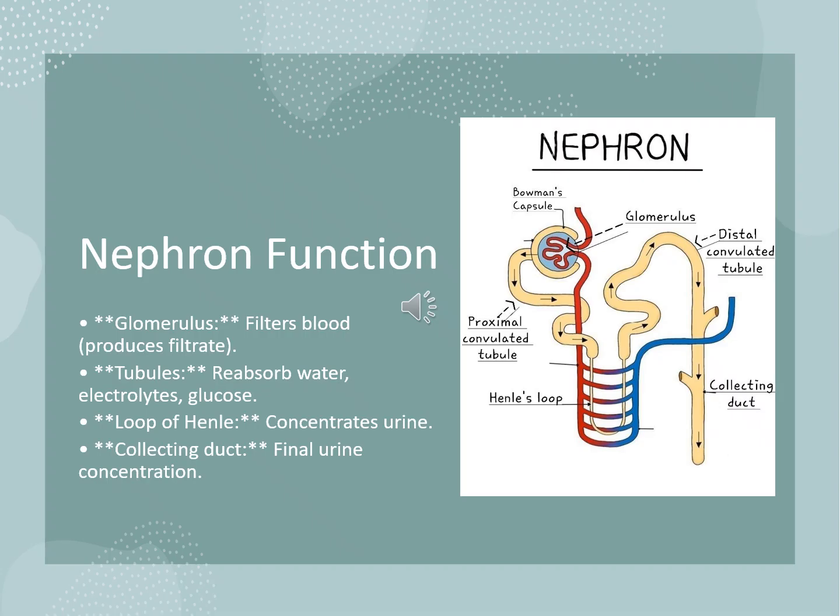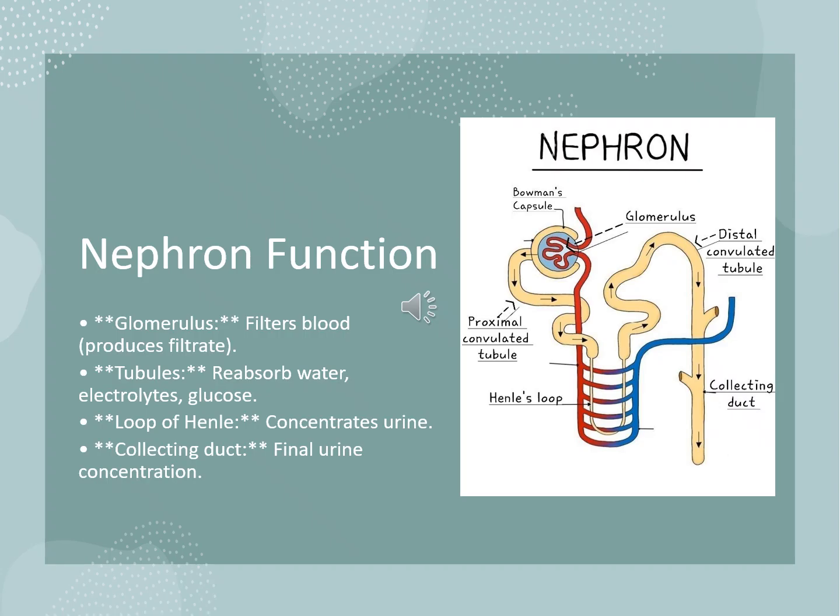Our renal tubules are long twisting tubes that help to modify the amount of filtrate that's in the urine through reabsorption and secretion. In our renal tubule, you can see it's made up of the proximal convoluted tubule, the loop of Henle, which has the descending and ascending limbs, the distal convoluted tubule, and the collecting ducts.